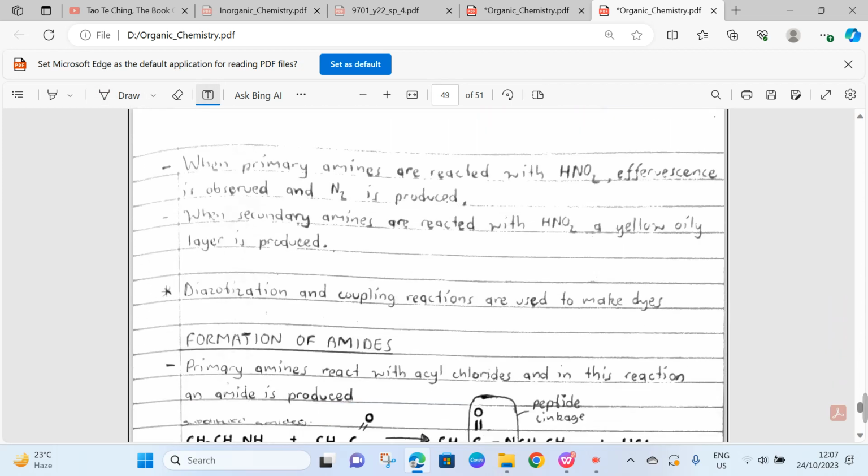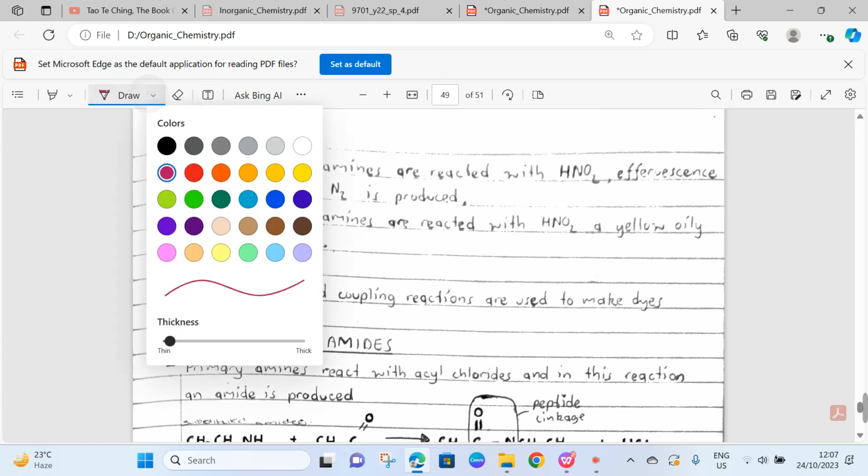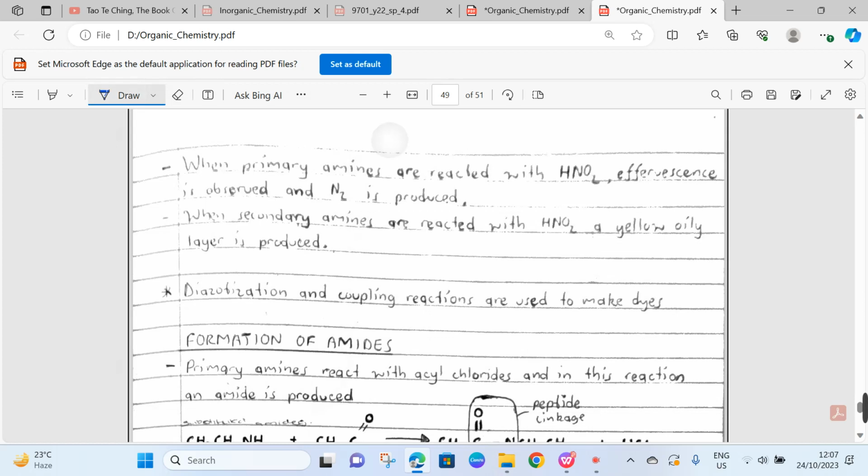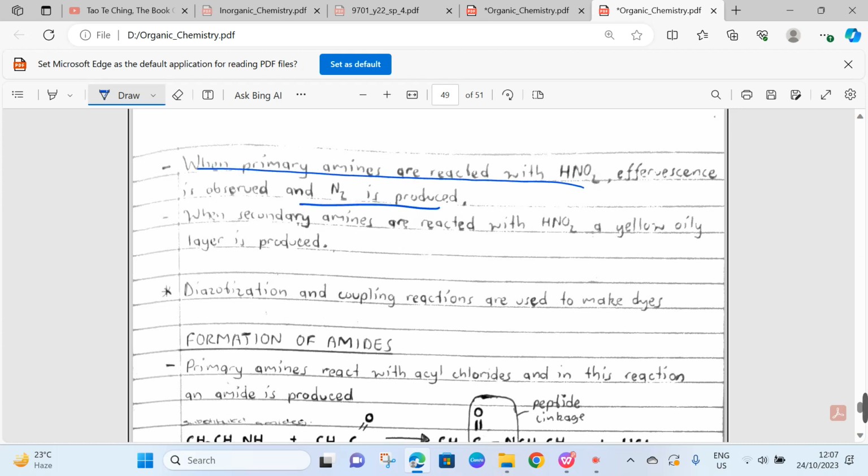There are also other nice to know statements that are very important that I pointed out in these notes. When primary amines are reacted with nitrous acid, effervescence is observed because nitrogen gas is being produced. Another case is that of secondary amines reacting with nitrous acid.